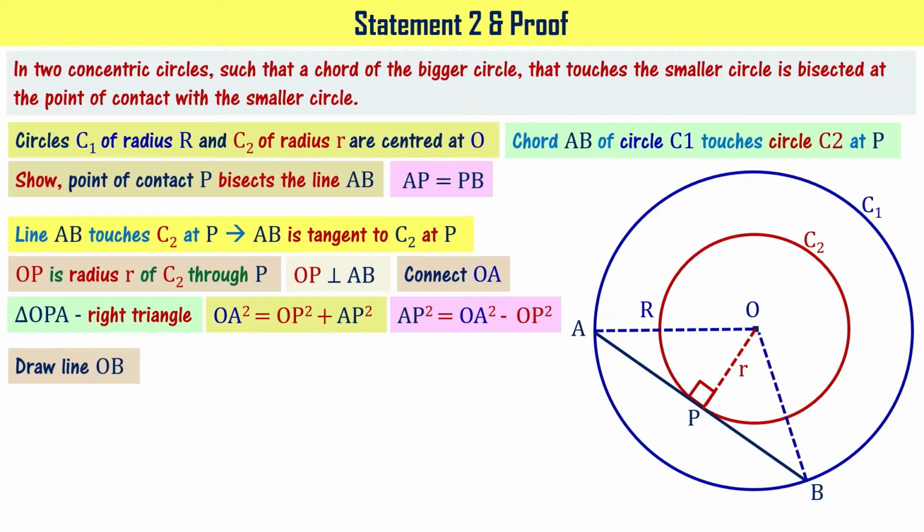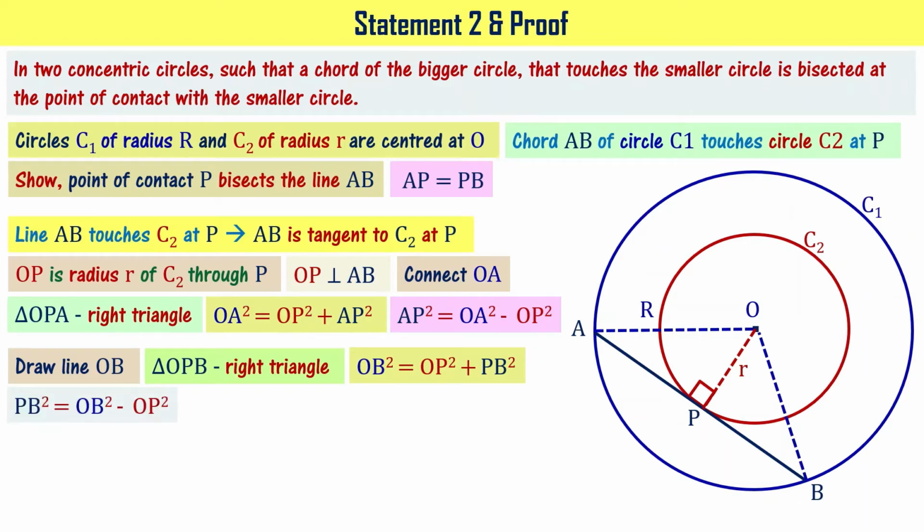Now let's draw line OB. As you see here, now it forms a right triangle, triangle OPB, right? We can apply Pythagoras theorem for this particular triangle also. As per that, OB square can be written as OP square plus PB square, right?